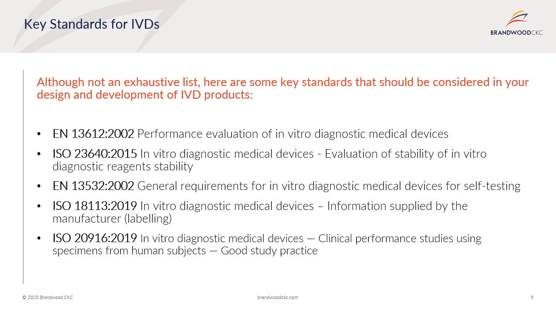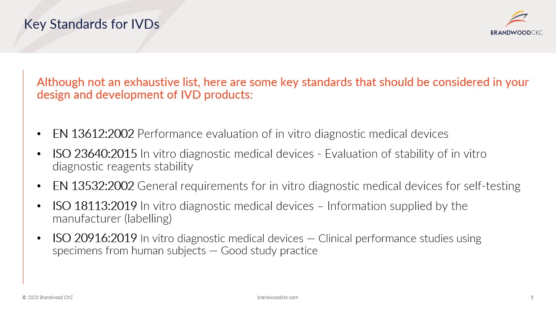So whether we're talking about EN 13612, which is the performance evaluation of medical devices that are in vitro diagnostics, ISO 23640, which is the stability of those reagents that are tied to an in vitro diagnostic. EN 13532, which is the self-testing requirements.